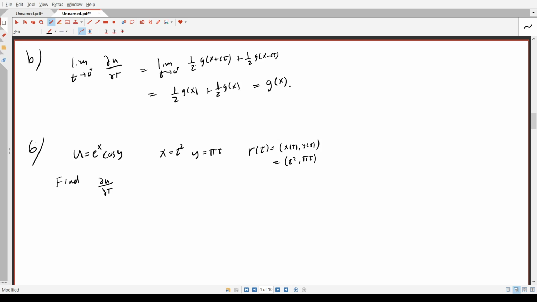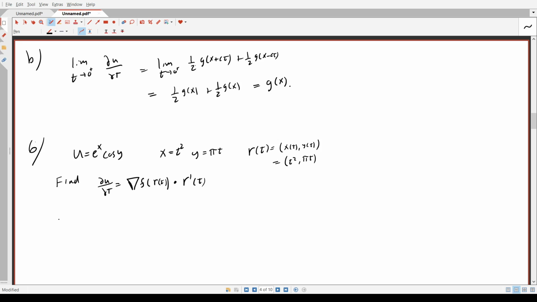Okay, so this is a function of x and y, but x and y are functions of t. So this is going to be a problem with the chain rule. Okay, so here I'm going to do the derivative. Well, what do we mean by derivative? We'll come back to that in a second. Times the derivative of what's on the inside. So actually what that's going to be is the gradient of u at my point xy, I'll call it r of t, because r is just xy, dot r prime of t.